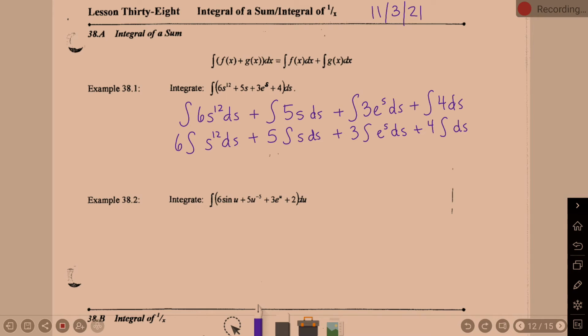So 6s to the 13 over 13. Although I just wrote it differently. Okay, so I just wrote 6/13 s to the 13th. Ross just said 6s to the 13 over 13. We're equivalent. Be aware that they're equivalent, right? Carry down my plus sign. 5 times the integral of s.